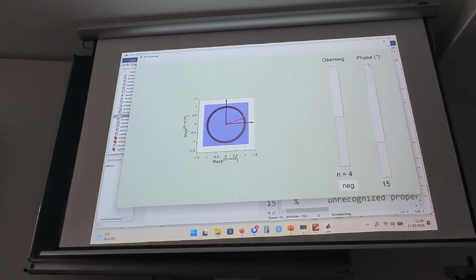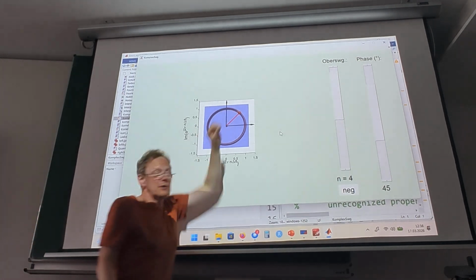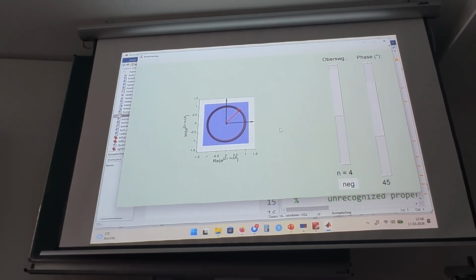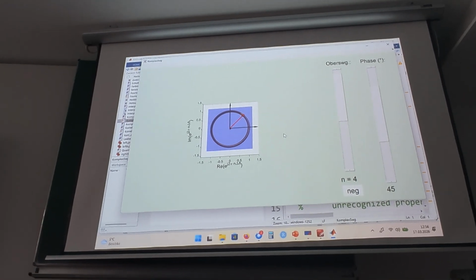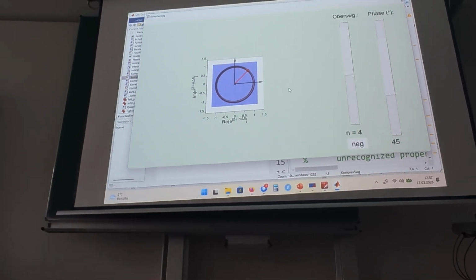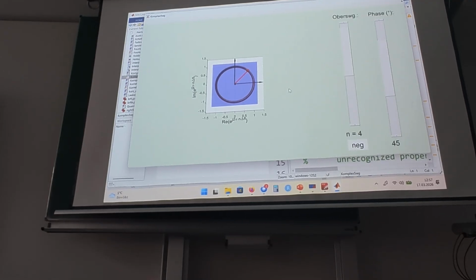So we could add here a phase, and then you see the button moving, and we have here the so-called phase angle. Okay, that's the phase angle of a complex number, because what we see here is a complex amplitude. So the amplitude is not just one value, not just the radius of this circle, it includes the phase value.